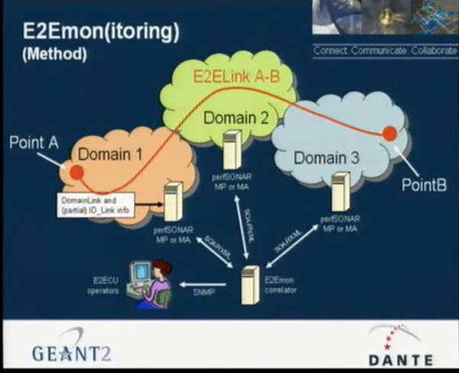Then it can be presented in an abstracted and concatenated format to, for example, an operator in an end-to-end coordination unit, which is a sort of network operations function to help monitor these multi-domain services, and my colleague Marion will be talking about this in her talk as well, and also to provide a kind of graphical view for the users.